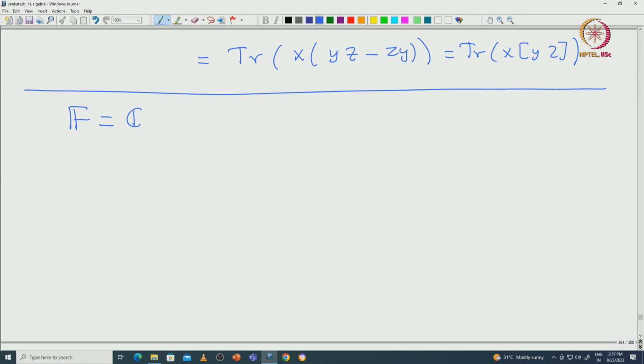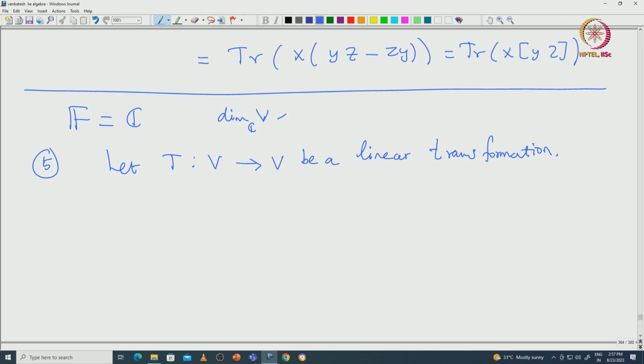So, what are these characterizations? Let us see. Again, let T be a map from V to V, a linear transformation. Now assume that dimension of V is finite. Again, this is only true for finite dimensional spaces. What we want to say is that the following are equivalent.